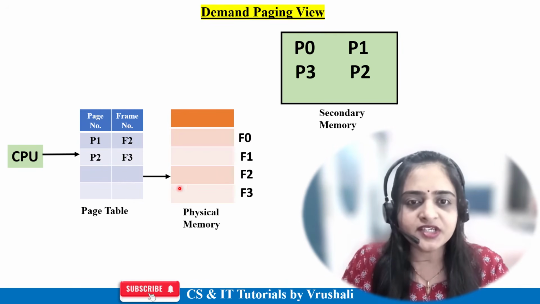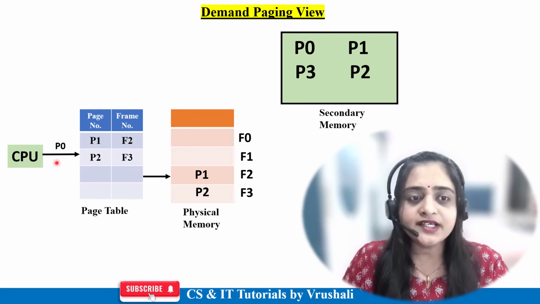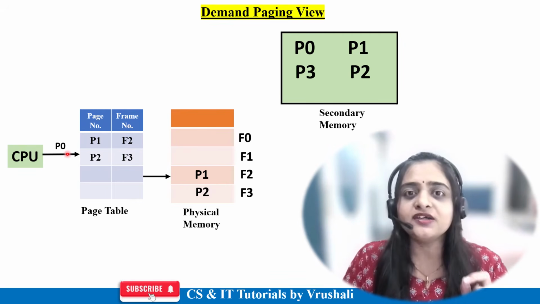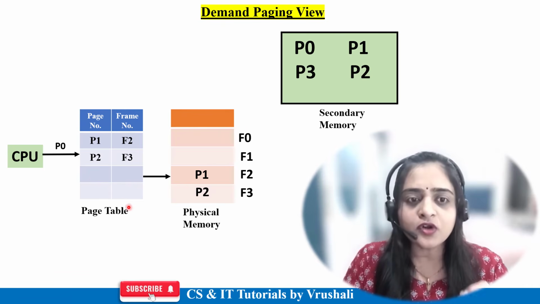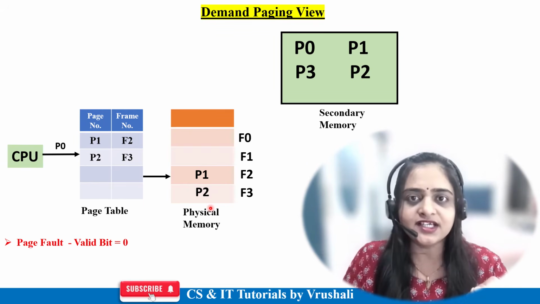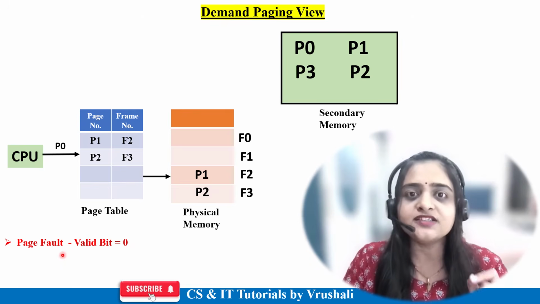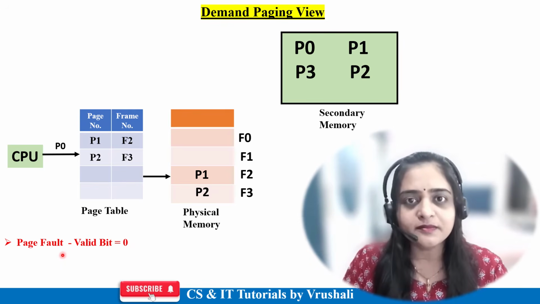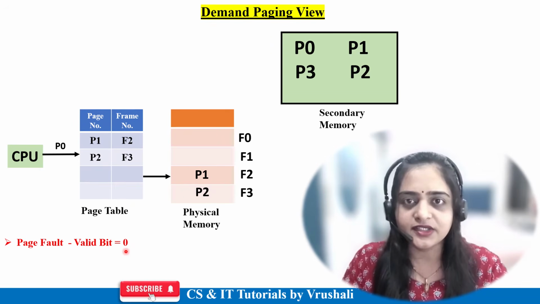As per the page table, frame F2 stores page number 1 and frame F3 stores P2. Now the CPU wants to execute page P0 and P0 is not present in the page table, right? That is because it is not present in your physical memory. When a page is not present in physical memory, this is called a page fault or page miss. At that time, your valid bit is equal to 0.